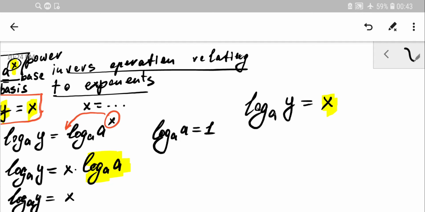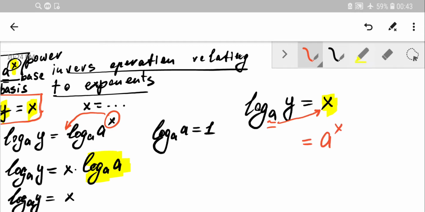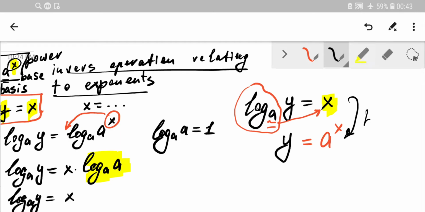Be careful, you're looking at the bottom part. You take a as the base, raised to the power of x. That means you basically get rid of the log of base a, you get rid of this log, and that's why only y is left here. So this is by definition of the log with the base a.